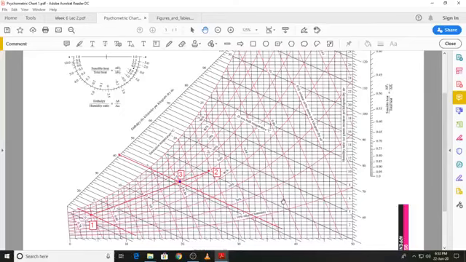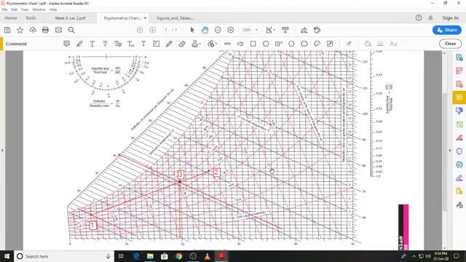And we were asked to find out the dry bulb and wet bulb temperatures at this state point. So if I want to calculate the dry bulb temperature over here, I will have to drop a straight line from over here. So it's approximately 19.5 or 19.6 degree C.